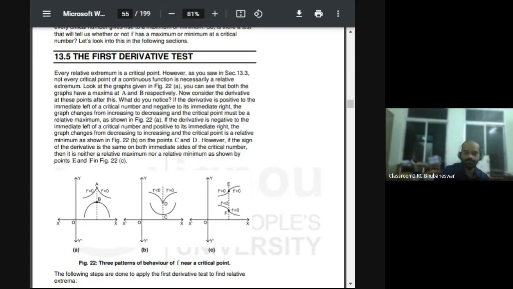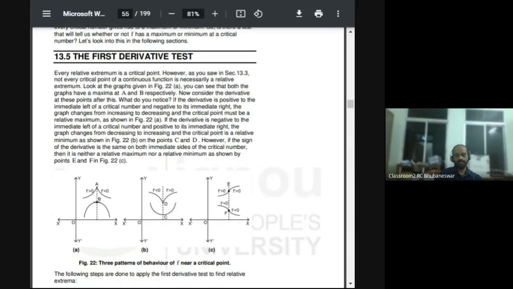So today we first focus on the definition of the first derivative test, as you can see in the PDF that was presented on your screen. Basically, the first derivative test is used to test if a function is increasing or decreasing at a certain point.